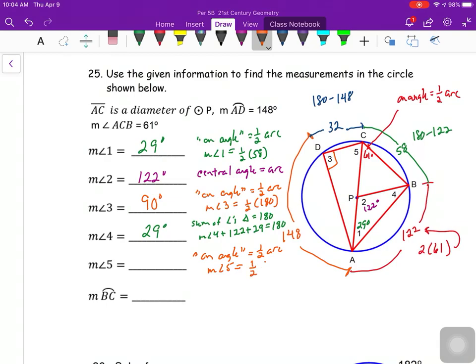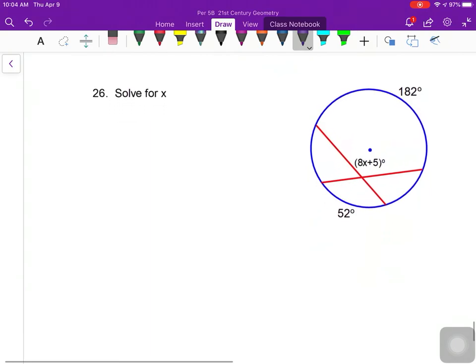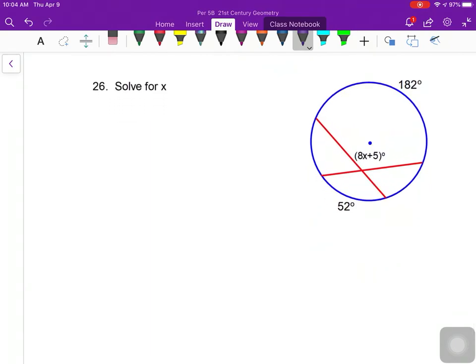Angle 5, on angle, equals half of its arc. Measure of angle 5 would equal half of 148. So it's 74. And the measure of arc BC, well, we actually have written up there. That's 58. So by labeling everything we could in the beginning, I think it really shortened things when it came time to fill in our answers.